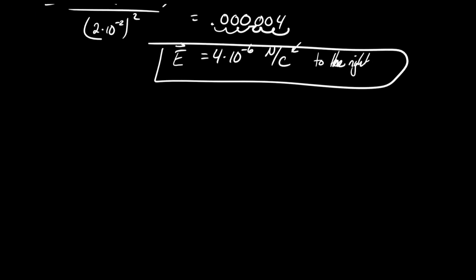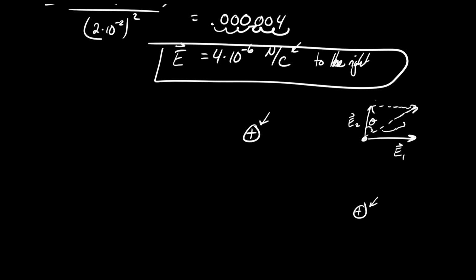Now, just like in the force example, if there are multiple source charges and you're asked to compute the electric field here, all you do is compute the electric field due to this guy, compute the electric field due to this guy, and then do your standard right triangle thing to find the diagonal, which is the size of the electric field, and the angle of the electric field.